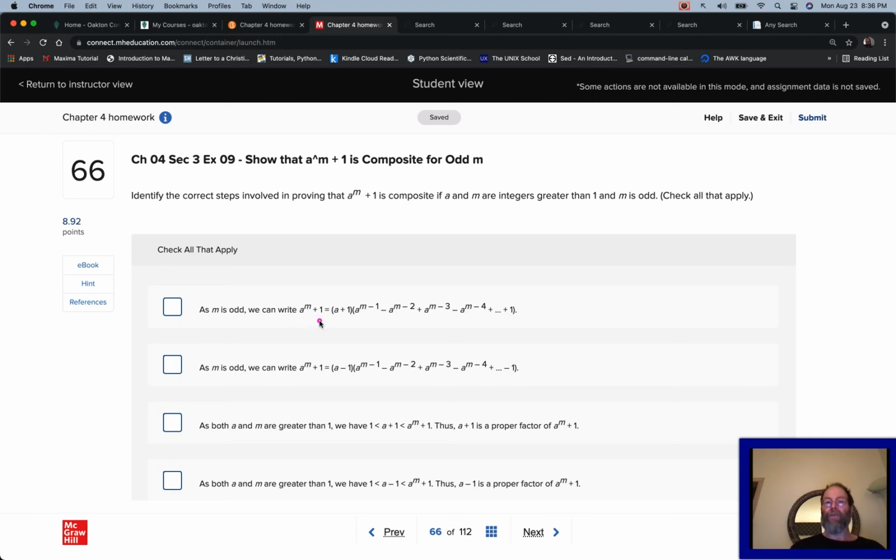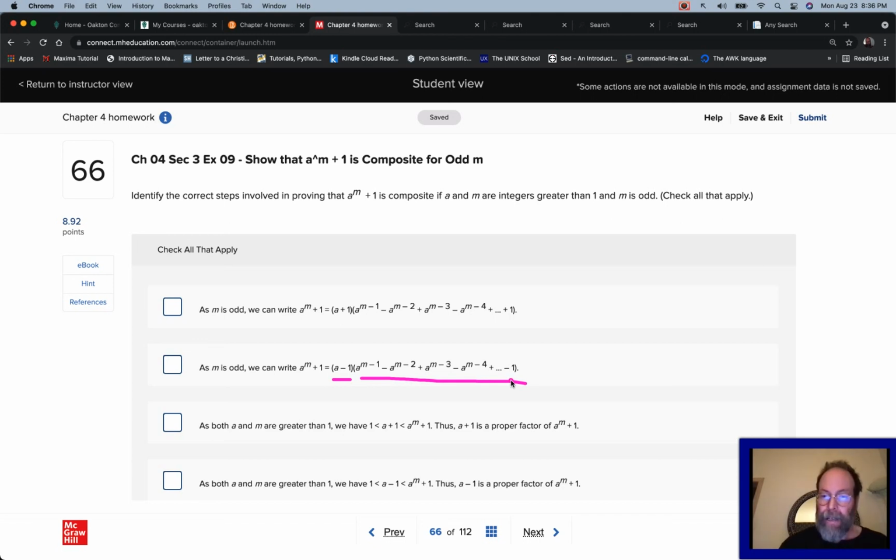A to the power m plus 1 is equal to a plus 1 times a to the power m minus 1 minus a to the power m minus 2 plus a to the power m minus 3 minus a to the power m minus 4, all the way until we get to a to the power 0, which is 1. Or is it a minus 1 times the same thing?